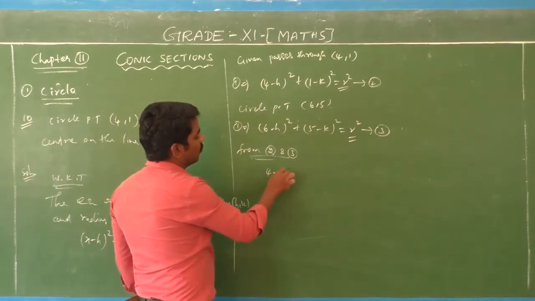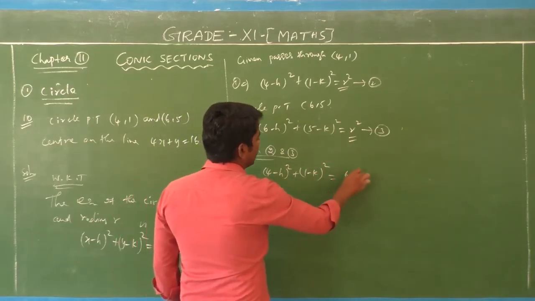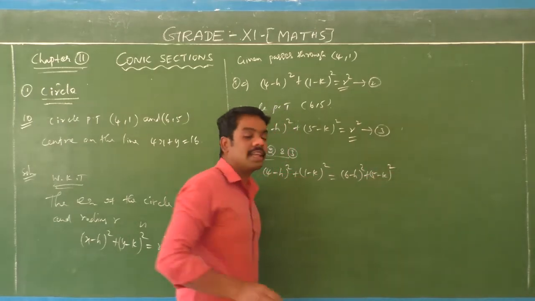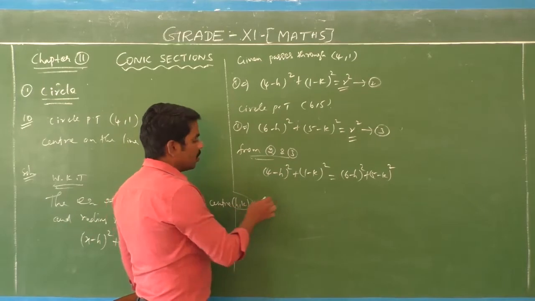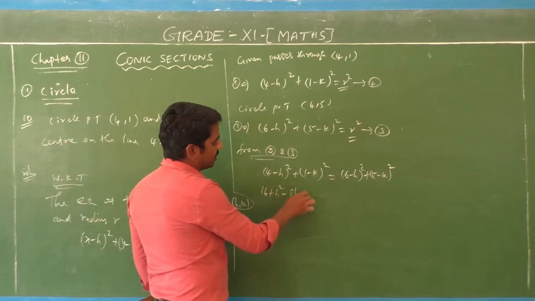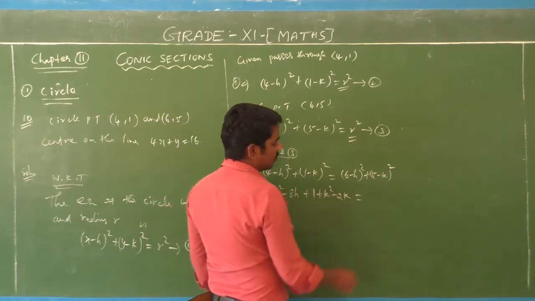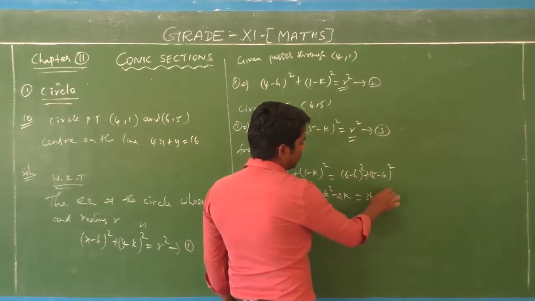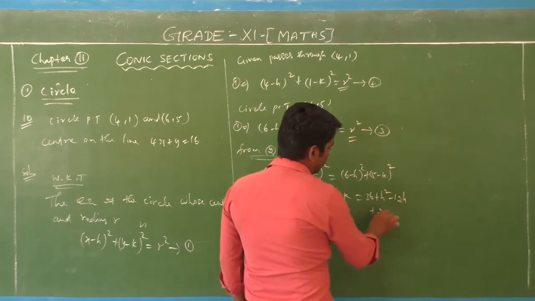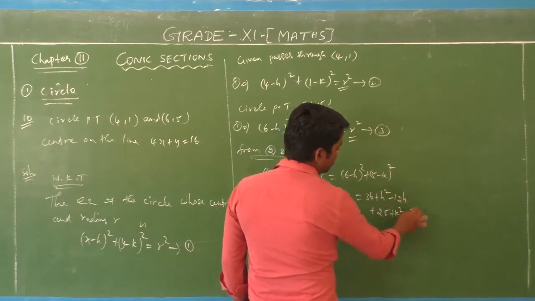So (4 minus h) whole square plus (1 minus k) whole square equal to (6 minus h) whole square plus (5 minus k) whole square. Simplify this. (4 minus h) whole square is 16 plus h square minus 8h, plus 1 plus k square minus 2k, is equal to 36 plus h square minus 12h plus 25 plus k square minus 10k.